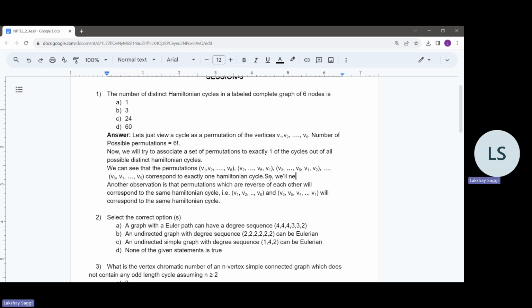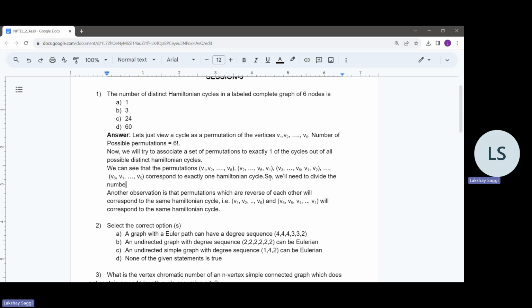So we'll need to divide the number of permutations by a factor of 6. First of all, we divide by a factor of 6, and this is easy to see. You have seen this in cyclic permutations also.